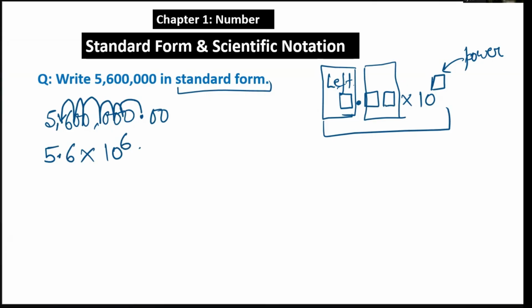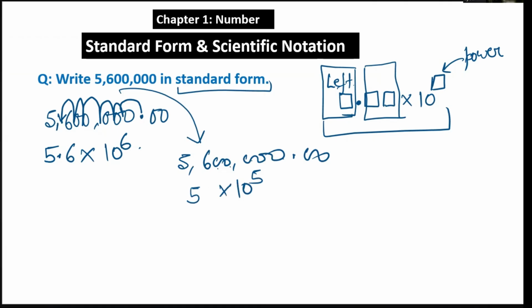Or you could write in the other way. Suppose you have 5,600,000. How many zeros are there? 1, 2, 3, 4, 5. 5 zeros. So you can write 10 to the power 5 multiplied by 56.0.